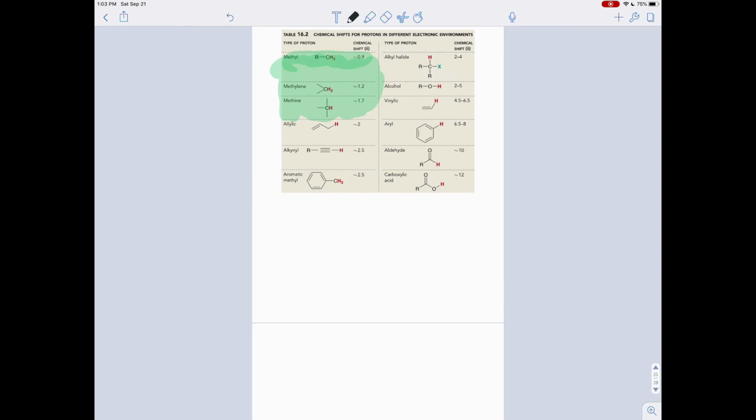These are hydrogens that are on a carbon that's just bonded to other carbons. And the difference between these is how many other carbons they're bonded to.